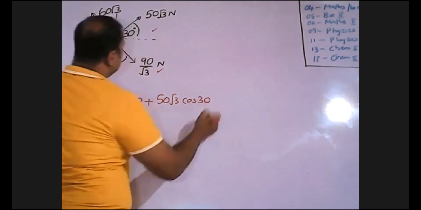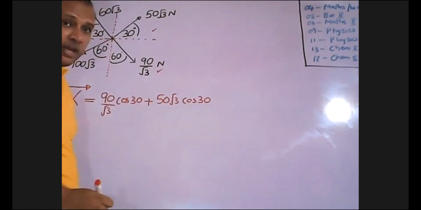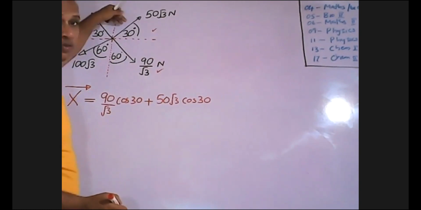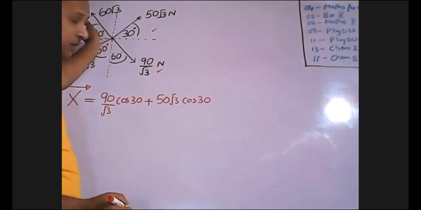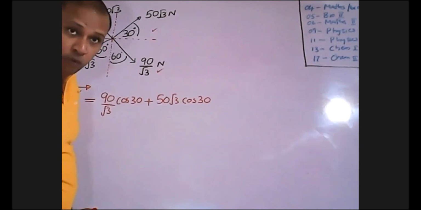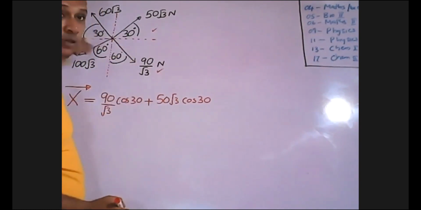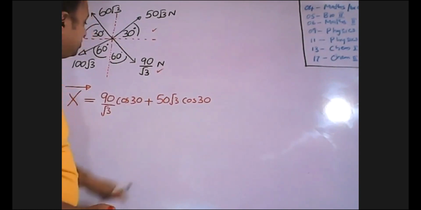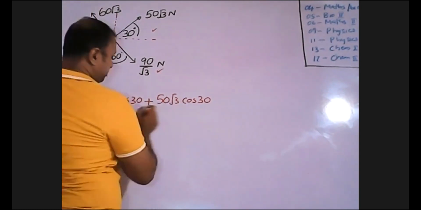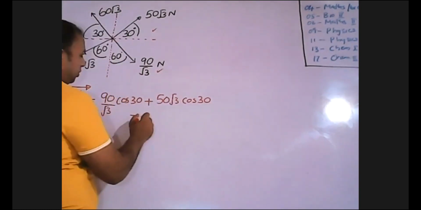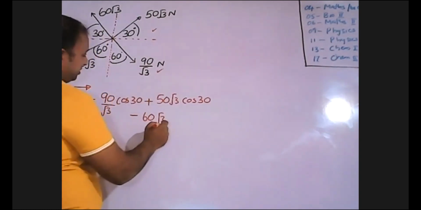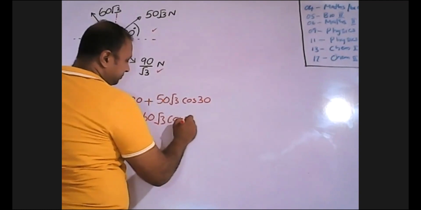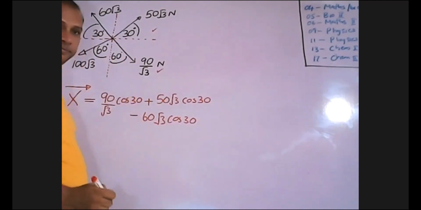Those are positive sides. If we resolve 60 root 3 into x direction, it is on the left-hand side, which is the negative direction. So the component from 60 root 3 will be negative, 60 root 3 cos 30.